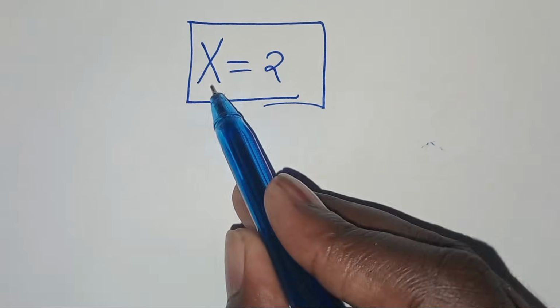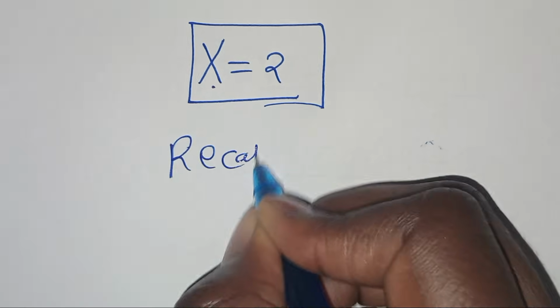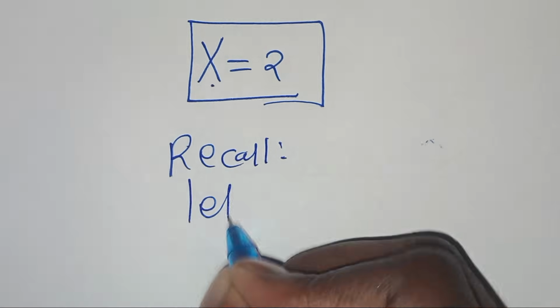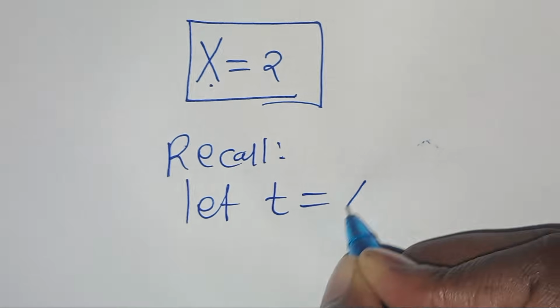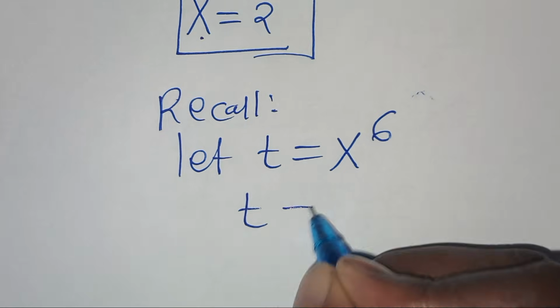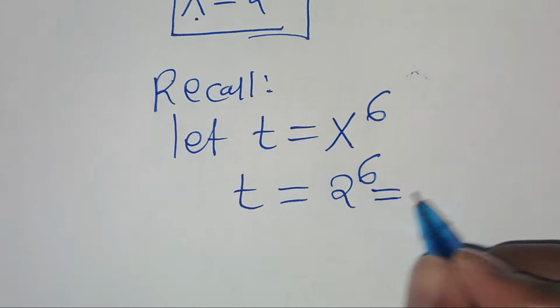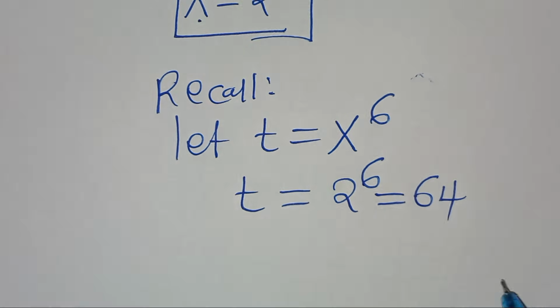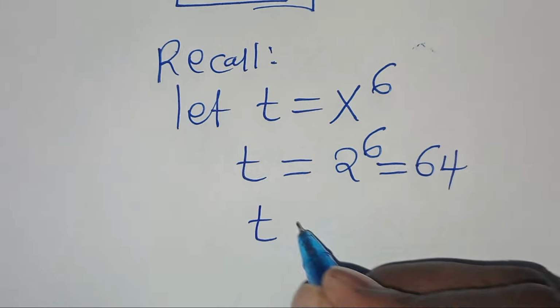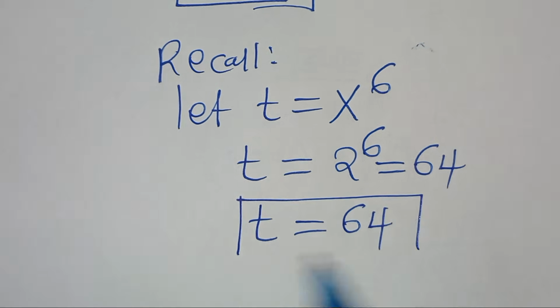Now since x is equal to 2, and if you recall, we let t be equal to x to the power of 6. So this means that t is equal to 2 to the power of 6, and this is equal to 64. This is the value of t.